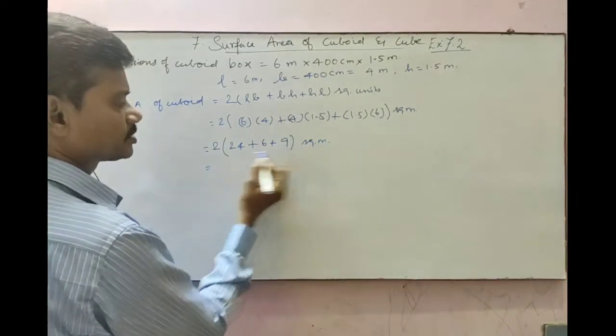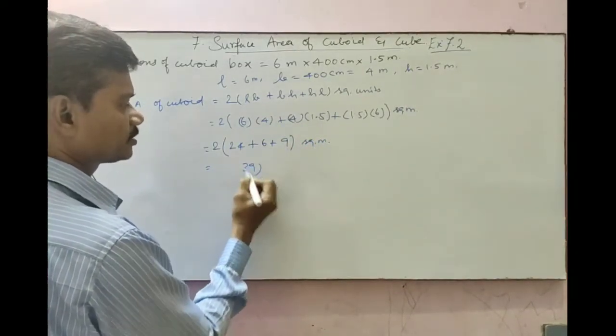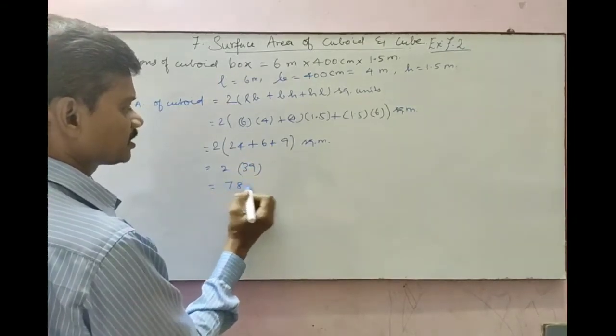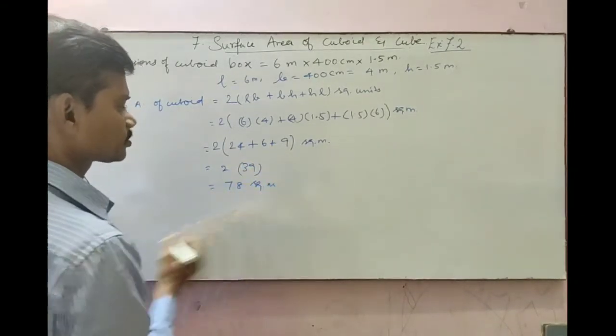If you add these three numbers, you will get 24 plus 6 plus 9, 39. 39 into 2 gives 78 square meter.